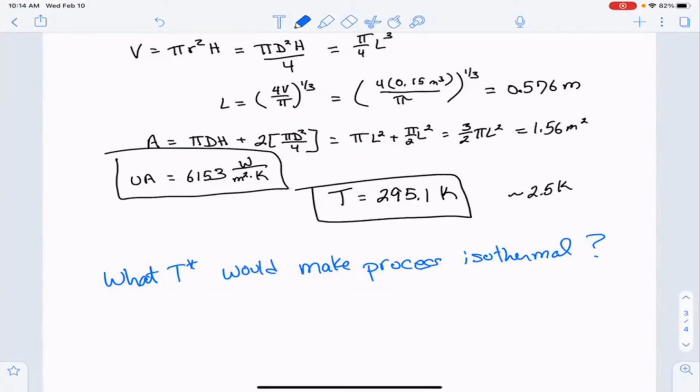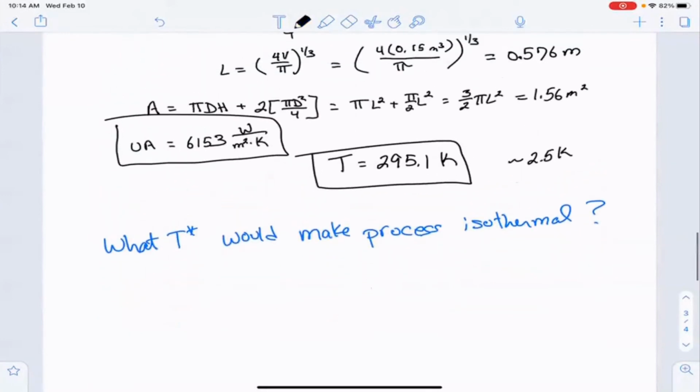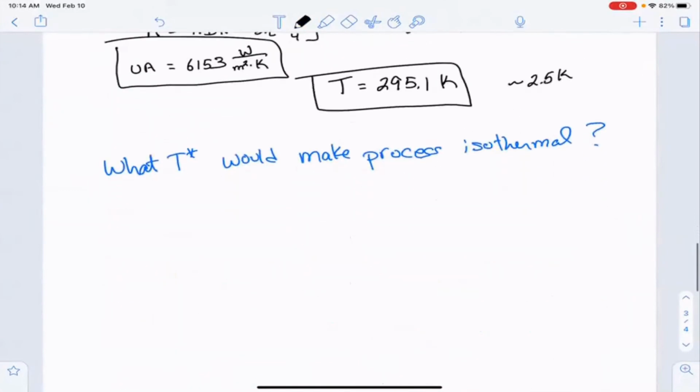And the nice thing about that is we can get that relatively easily. So if you remember our energy balance from above, when the reactor is isothermal, that whole term goes to 0. So this is going to be relatively straightforward.